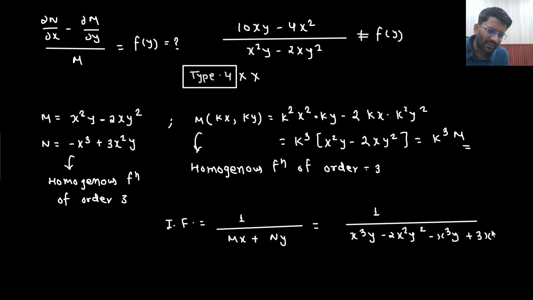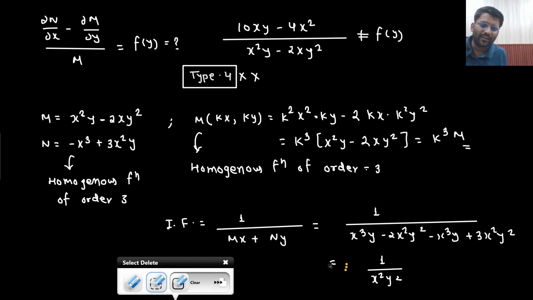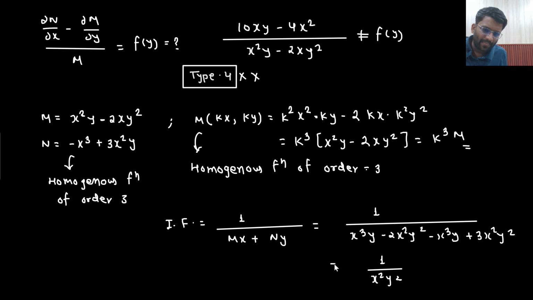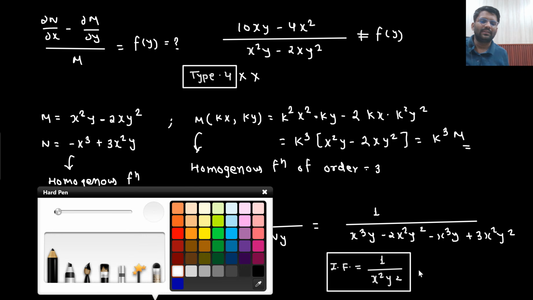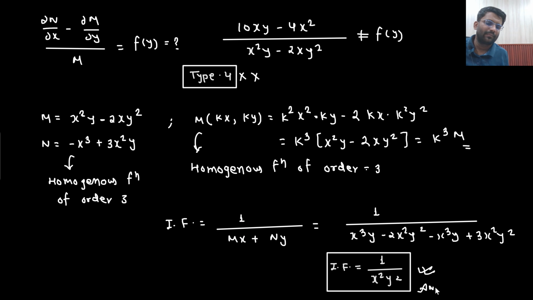What are you getting? This x cube y is getting cancelled out. So it is x square y square, and the integrating factor is 1 upon x square y square. There you go, this is the integrating factor that we are getting.